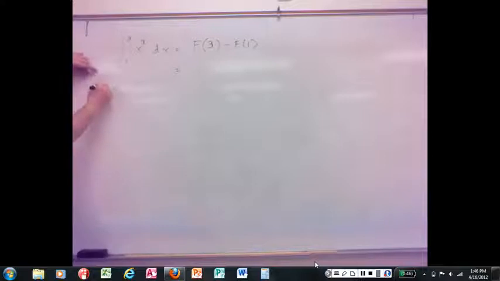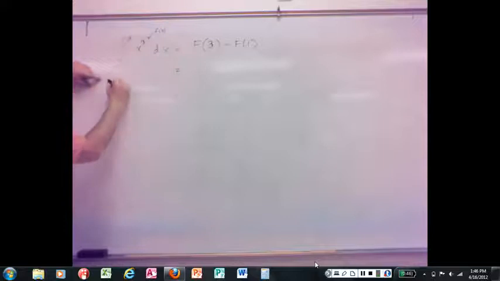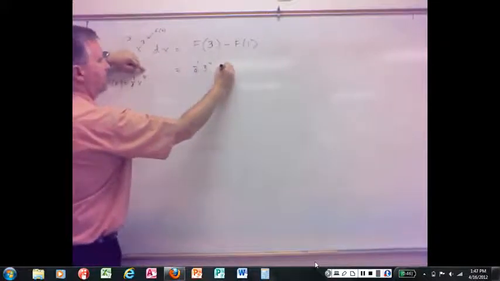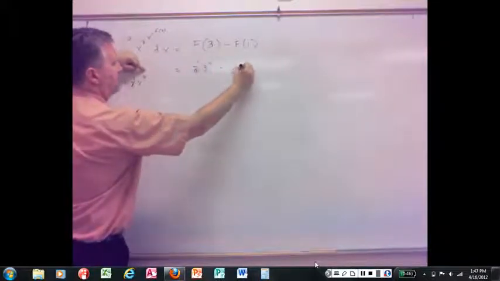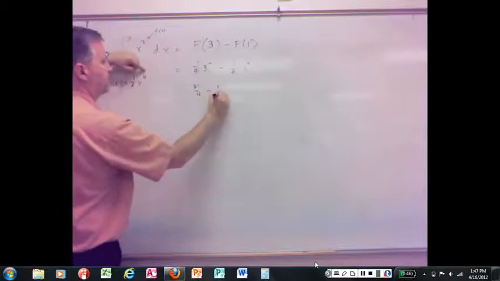If this is f of x, then the antiderivative would be 1/4 x to the 4th, right? So it'd be 1/4 of 3 to the 4th minus 1/4 times 1 to the 4th, which is 81/4 minus 1/4, which is 20.